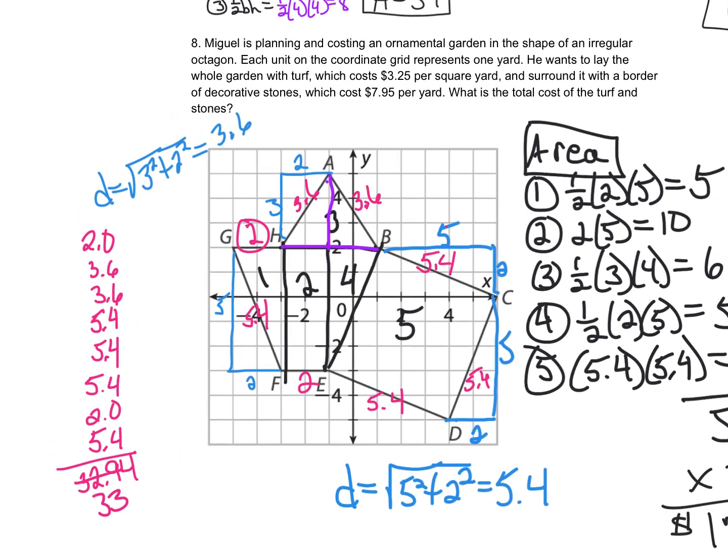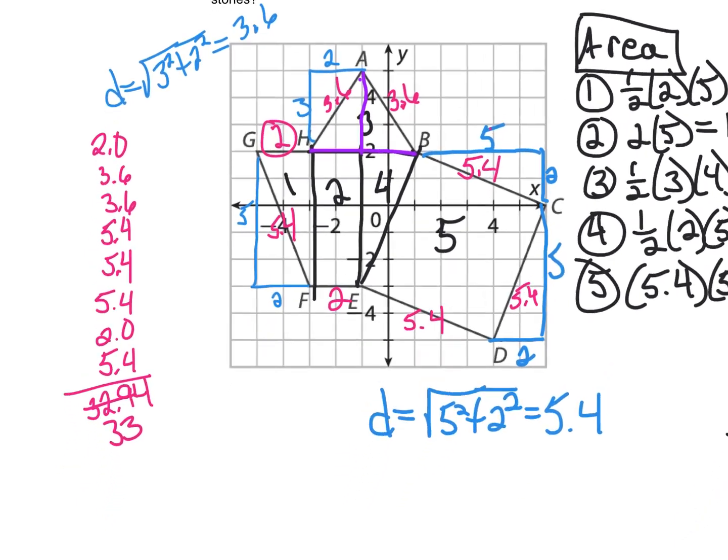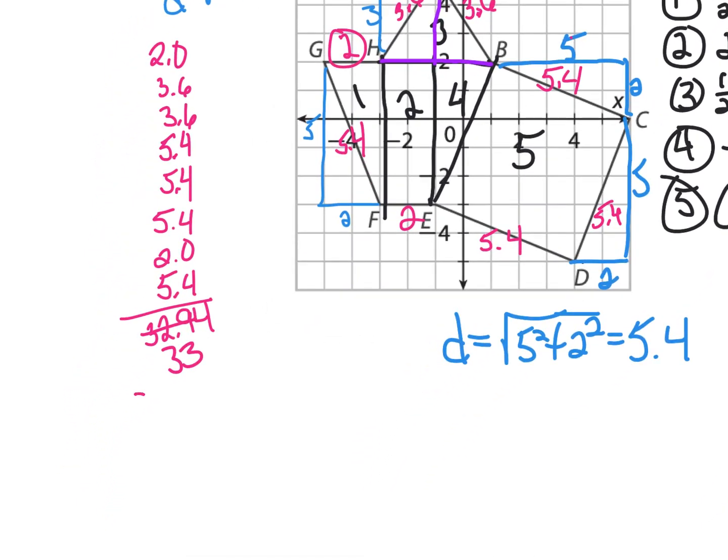And then surround it with a border of decorative stone, which costs $7.95. So 33 times $7.95 is $262.35.